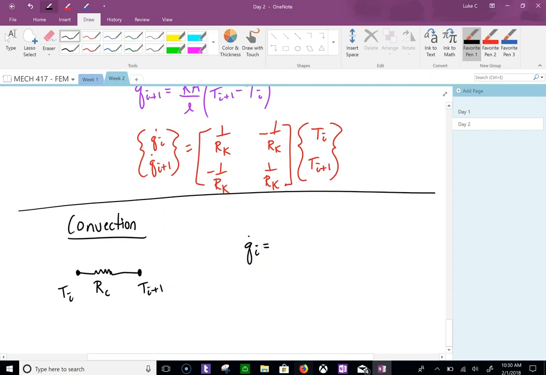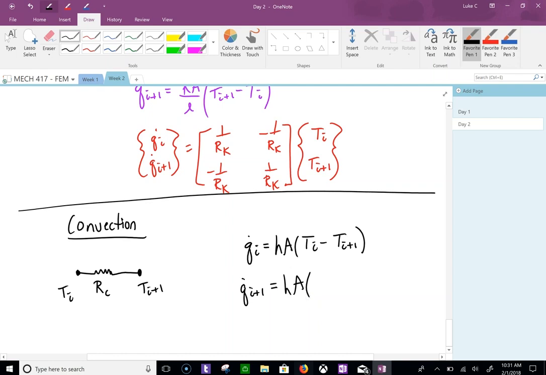So for a convection elemental Q dot I, what do you think that's going to be? It's H times A times T of I minus T of I plus 1. And what about the I plus 1?